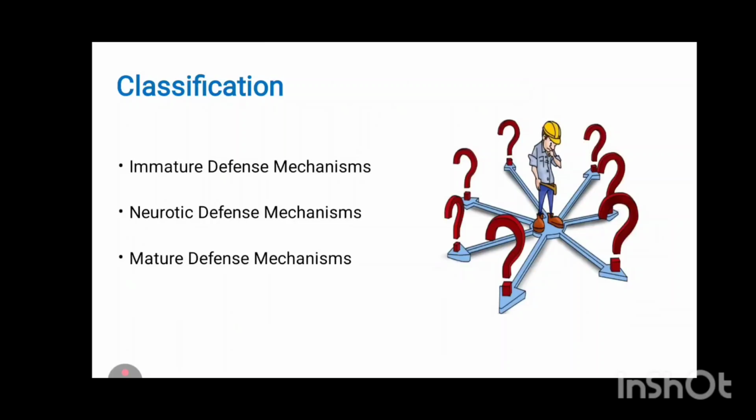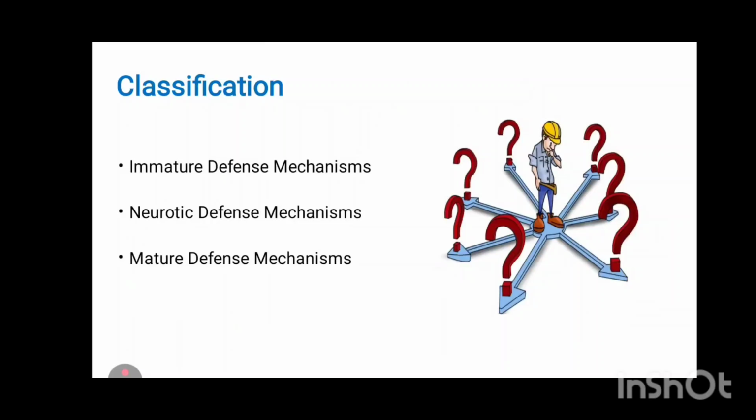The key features are poor adaptation to reality, they reduce anxiety temporarily, and often create problems in relationships, so common in personality disorders. Examples are denial, projection, regression, acting out, etc.